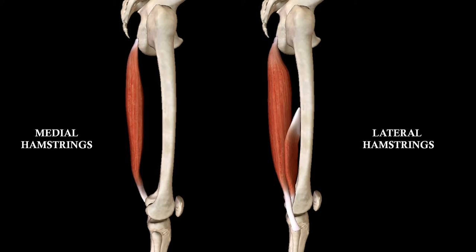So, research and EMG analysis have shown that the lateral hamstrings are preferentially recruited, not isolated, I should say. It's not a case of the medial hamstrings being completely not engaged in these exercises, but the lateral hamstrings can be preferentially recruited with exercises that involve hip flexion and extension.